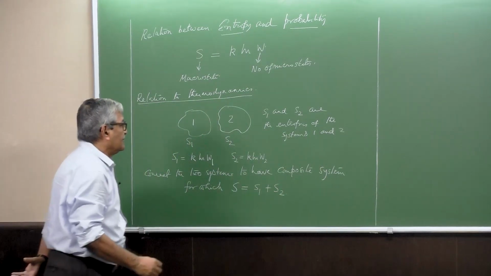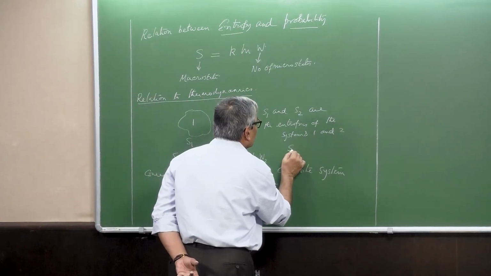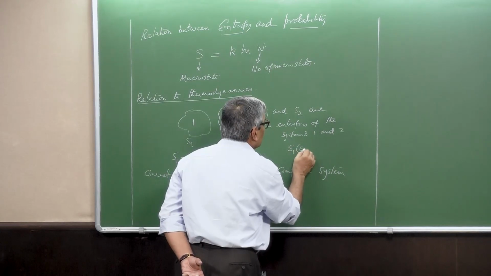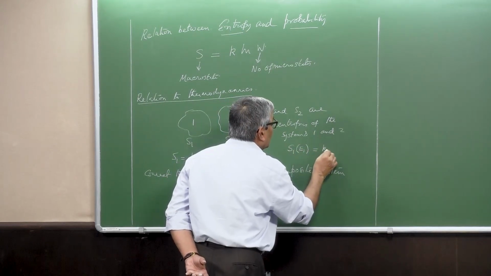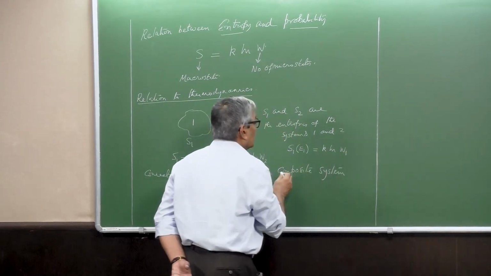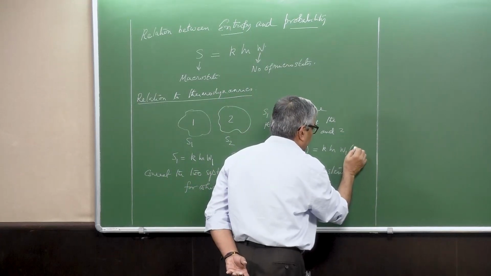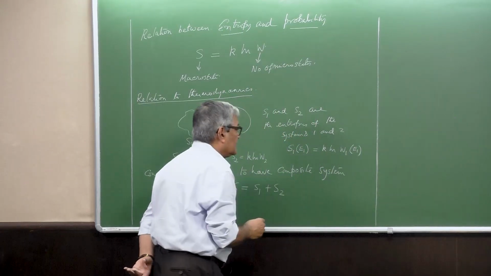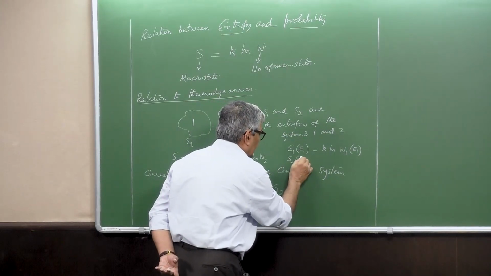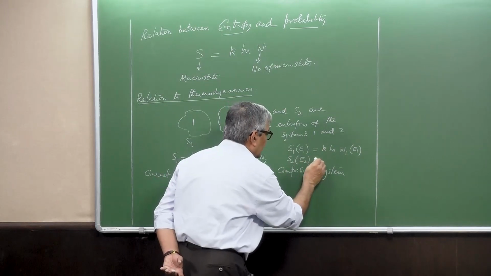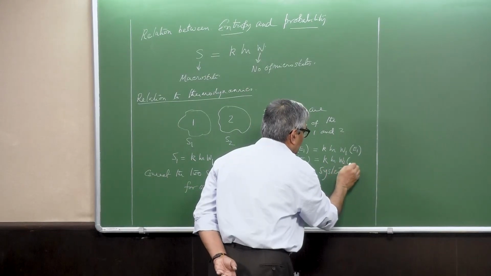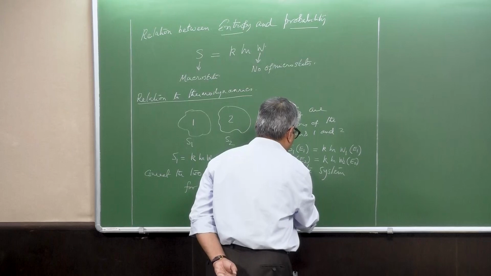S1 is a function of energy E1, equal to k ln W1(E1), and S2, the entropy of system 2 with energy E2, is k ln W2(E2).